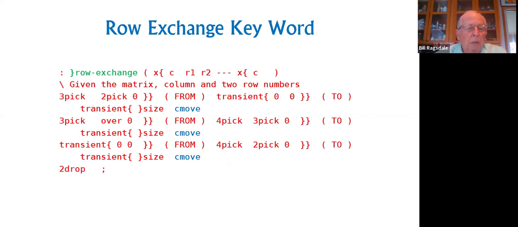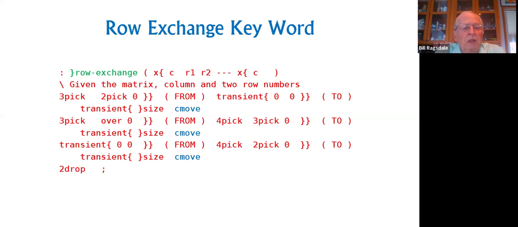Here's the code that actually accomplishes the work. We see that the row exchange code starts with the X curly brace, which identifies the matrix location. C is the column we're sorting on, and then R1, R2 are the two rows that are going to be examined for an exchange. And the initial input values of X curly brace and C are maintained after the exchange has taken place.